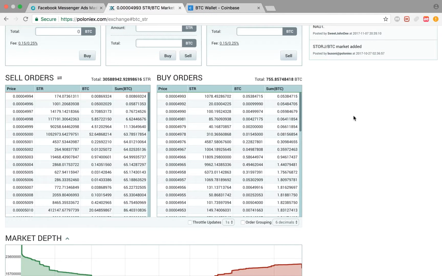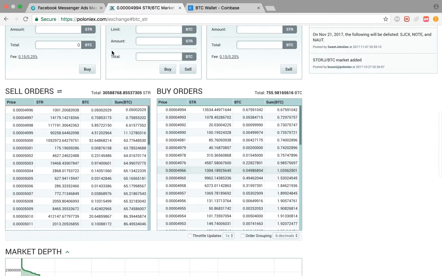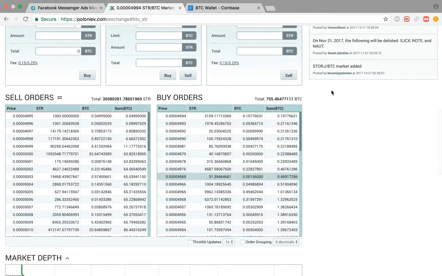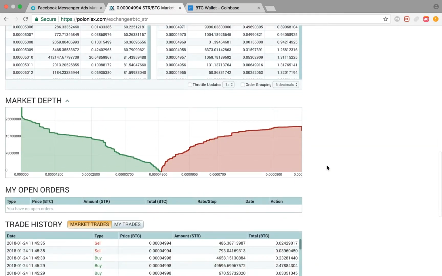It will pop up in here, and at a certain point it will be fulfilled if the price goes down, or if there's an offer of people wanting to sell STR at 0.00004482 Bitcoin.